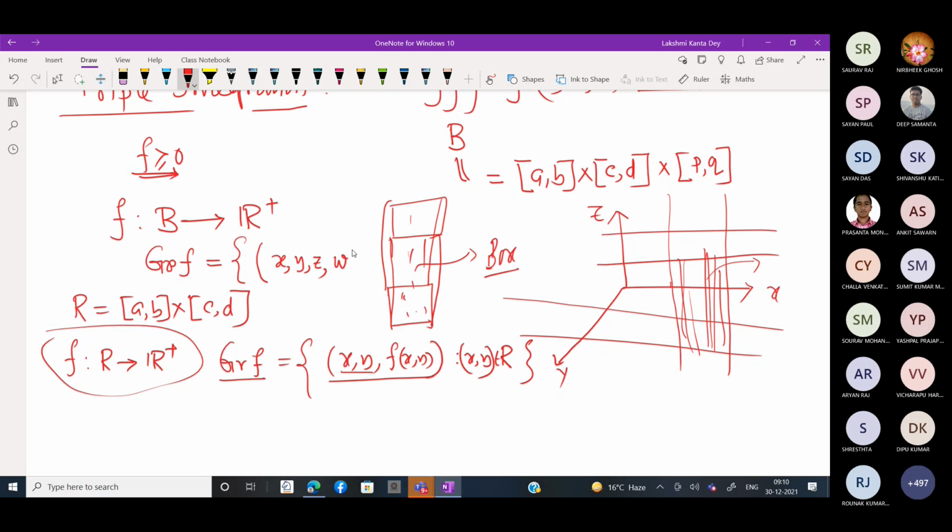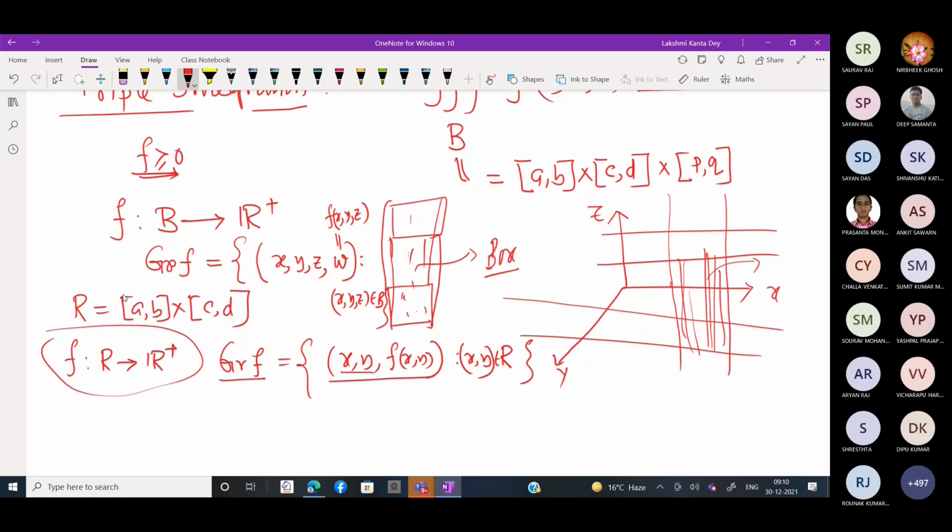Say for example, w is f(x). Ultimately, this w is f of (x, y, z), where (x, y, z) belongs to your box B. So this is the graph of the function.